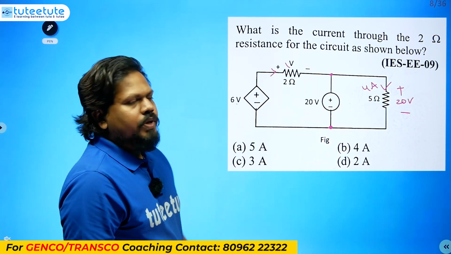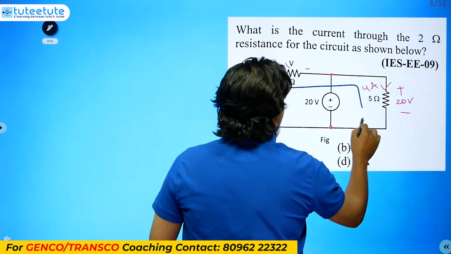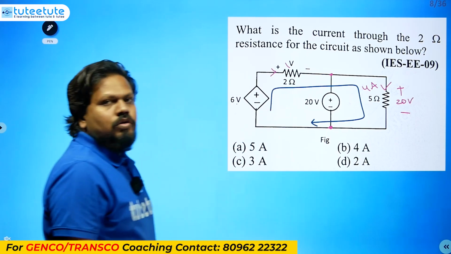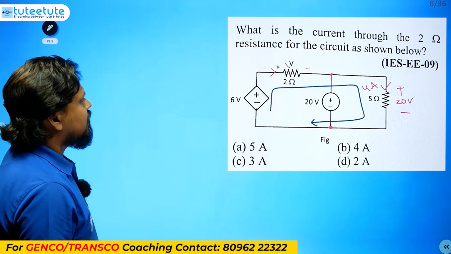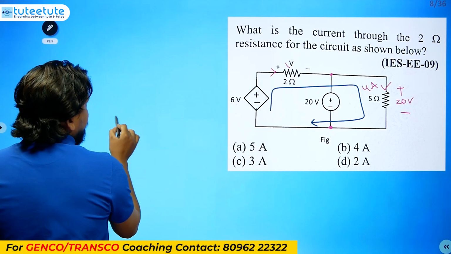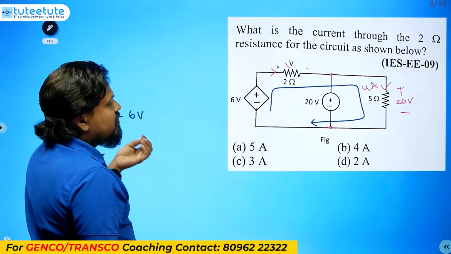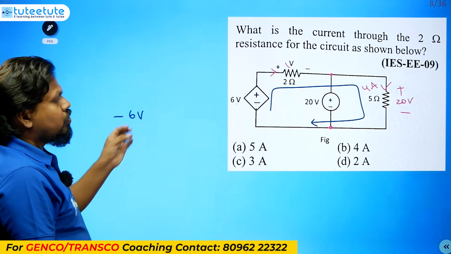Based on this, we can use any one loop analysis. I will calculate this loop, which means I will be writing the KVL equation. See here, minus 2, plus, as I am going, I am writing minus 6V. V is not a unit here, it is a symbol.